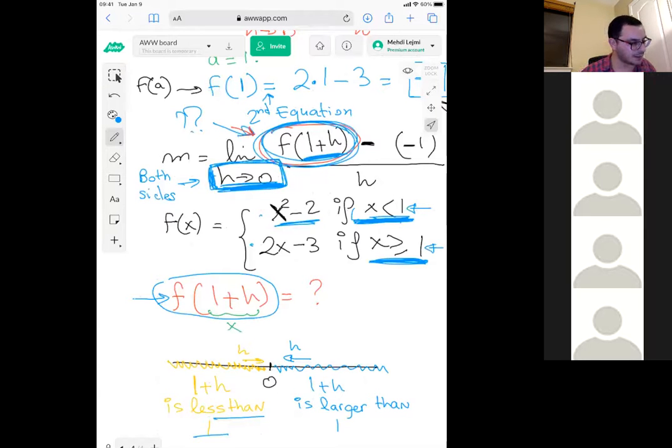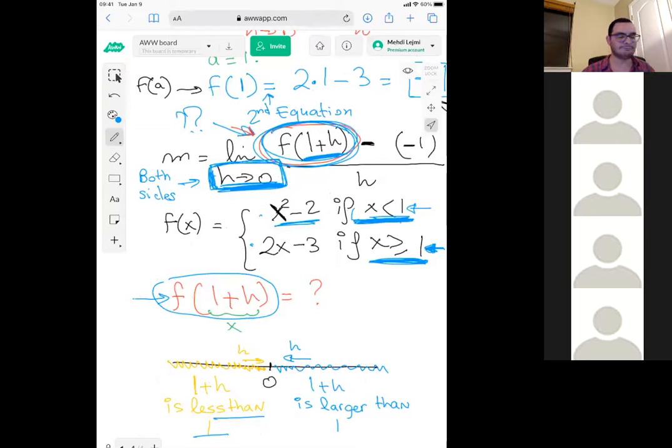Because we have both sides, if you pick the left side, then h would be negative, 1 plus h would be less than 1, and you use the first equation. If h approaches 0 from the right side, then h would be positive, 1 plus h would be larger than 1, so you use the second equation.